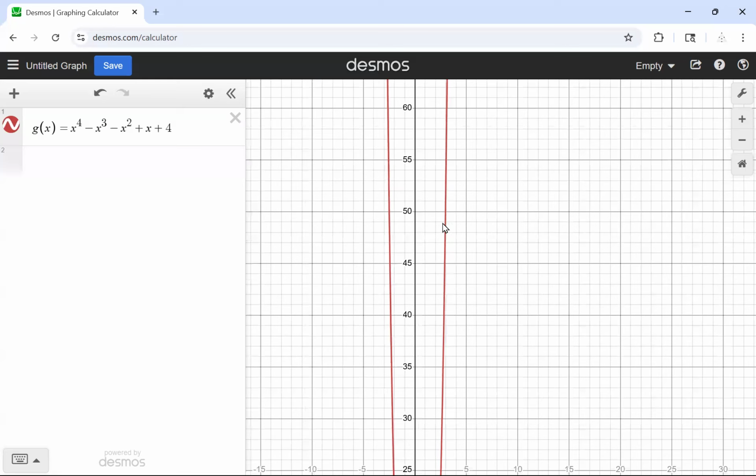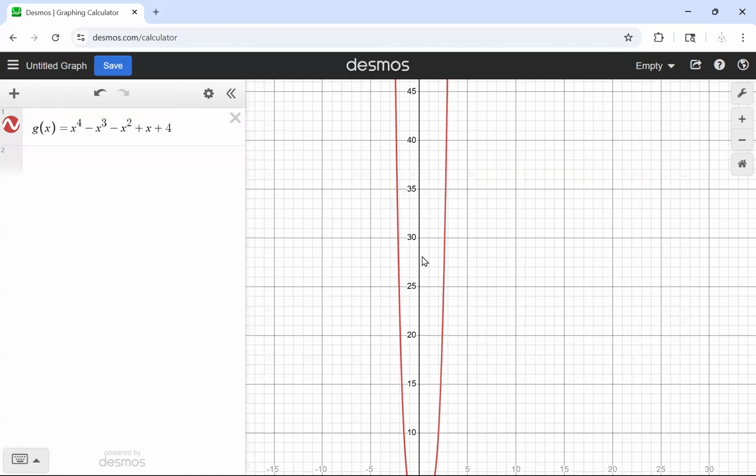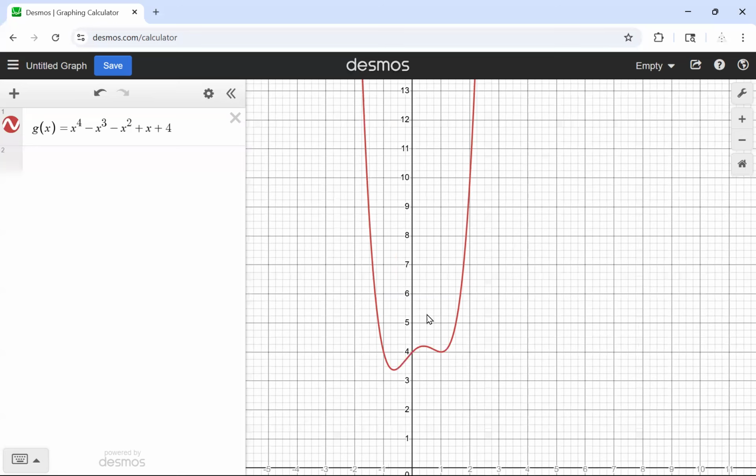So for instance, it looks like, where's 3 at? 3 will be pretty close. Oh, there it was. (3, 52) looks to be a point on the graph. So that's a lot of points on this graph. That's not the only ones you could find, okay?